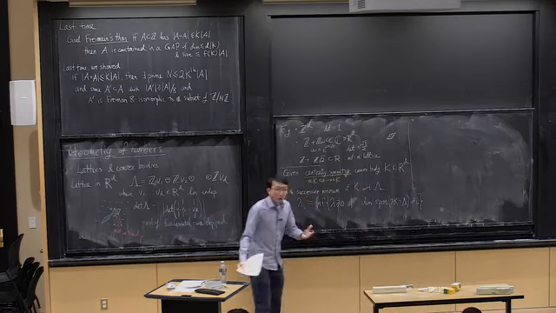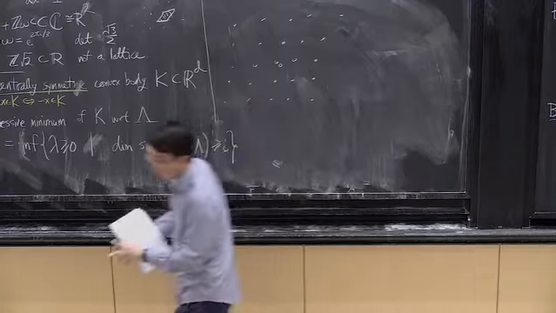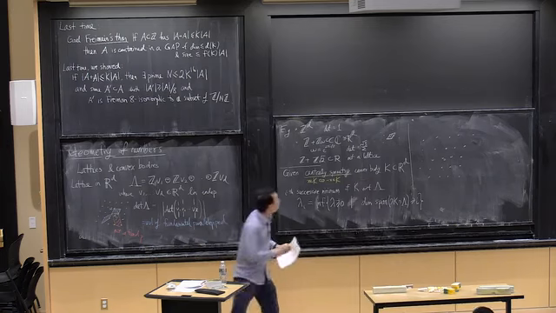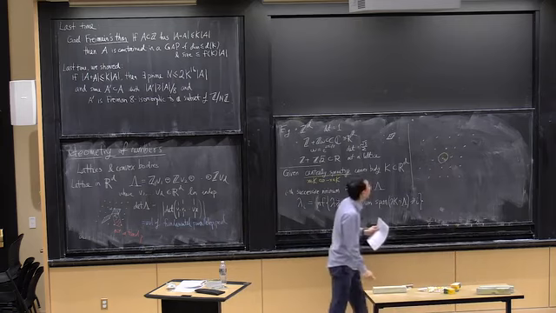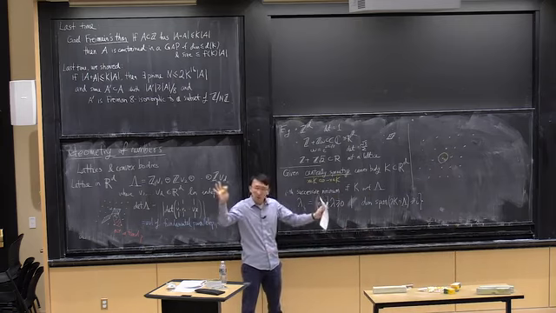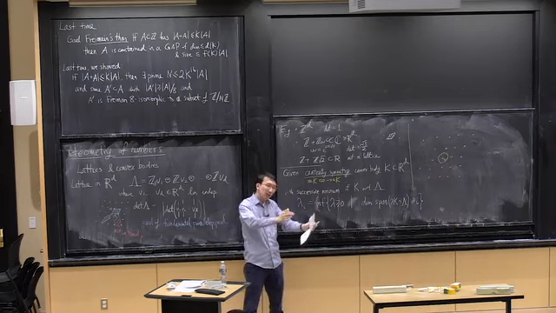I start with some lattice, and I have some convex body. Okay, so this is 0, let's say. So I have some centrally symmetric convex body like that. Initially, it could be bigger as well, but let's scale it so that it's quite small initially.